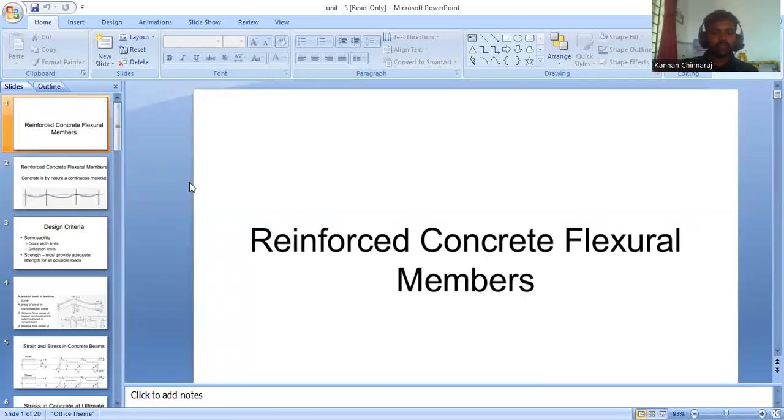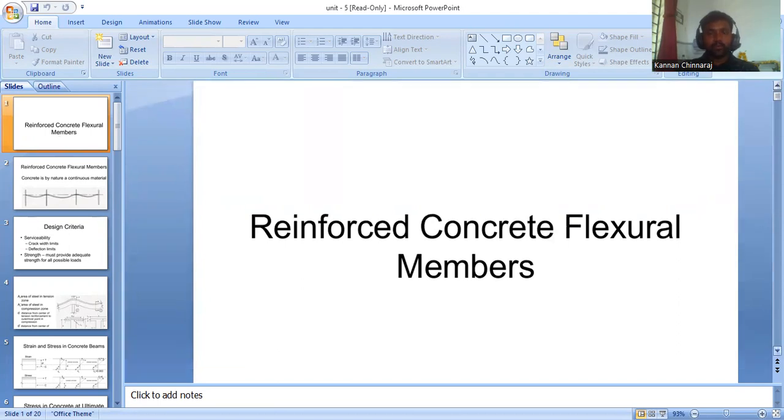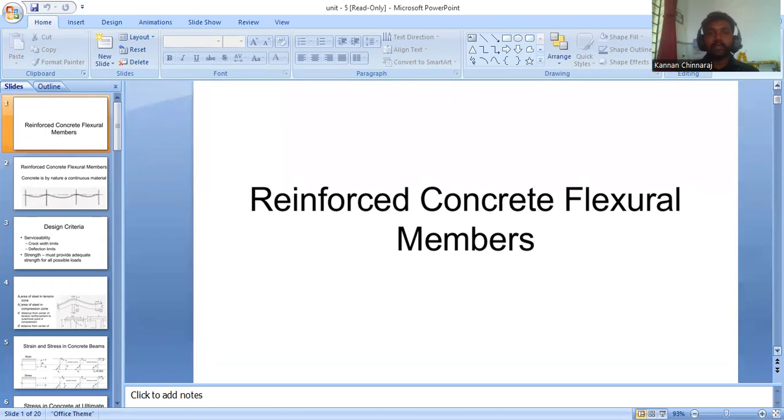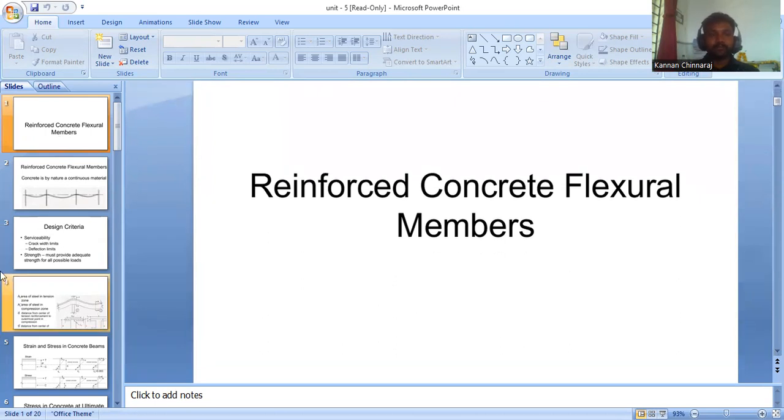This is the reinforced concrete flexural members. Already we discussed the steel flexural members. In our syllabus also, we are studying the design of steel structural elements. So you have to know all the design steps for steel structural elements or flexural members made of steel.